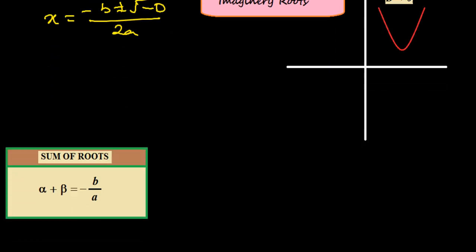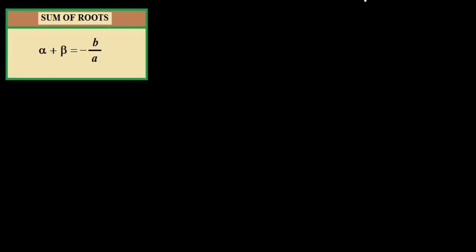Now we study the sum of roots. We already know that x is equal to minus b plus minus square root of D over 2a. We assume that if we take the positive sign here, we get alpha.